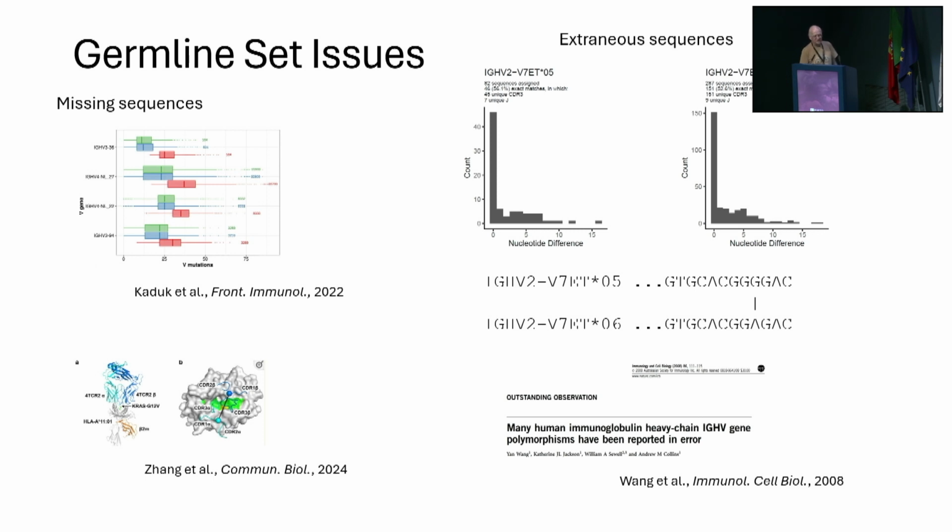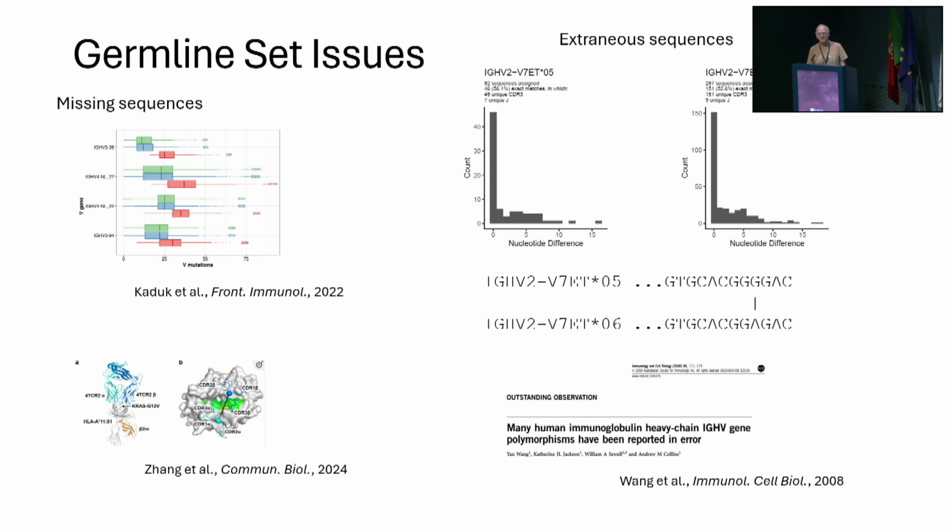Another problem in today's germline sets is they have sequences in there that probably shouldn't be there. And what I regard as a key study that came out in 2008 identified nearly 100 sequences in the IG germline set that had questionable evidence and should probably be removed.